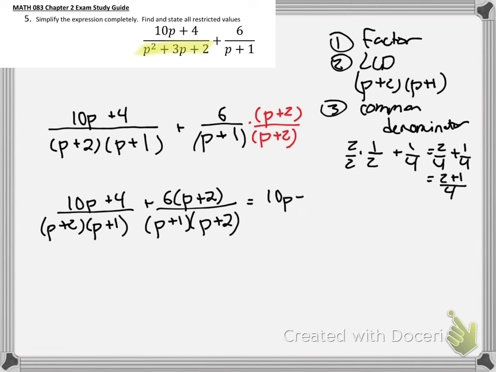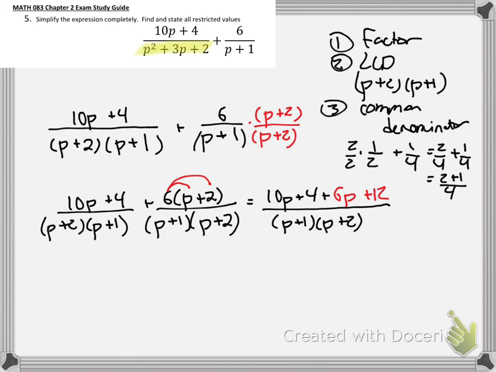I'm going to do the same thing over here and add my numerators. Sorry, I'm going to distribute this. So it's going to be 6p plus 12. And then I'm going to express this over a single denominator, again, because they have the same denominator.